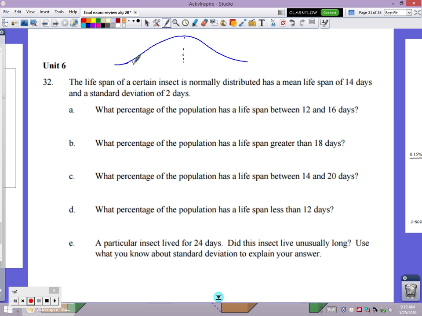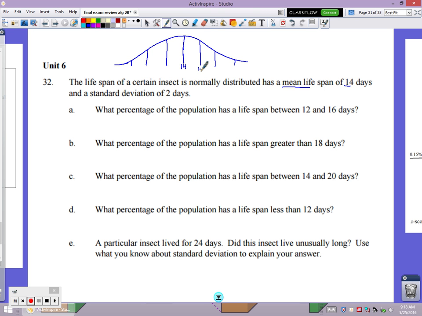So let's go ahead and identify what we have. We know that the mean is 14 days. So 14 days is a lifespan of some insects, and it has a standard deviation of 2. So I'm going to go ahead and draw 1 standard deviation, 2 standard deviations, 3. This is not exact, but it's close enough for government work.